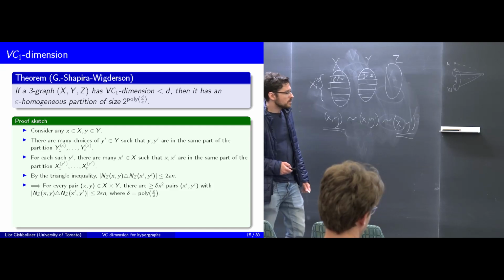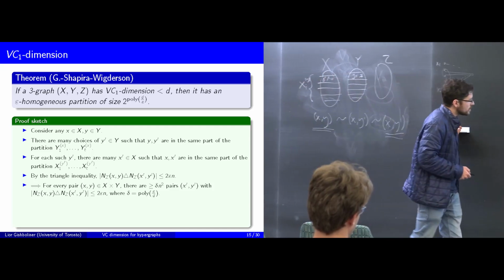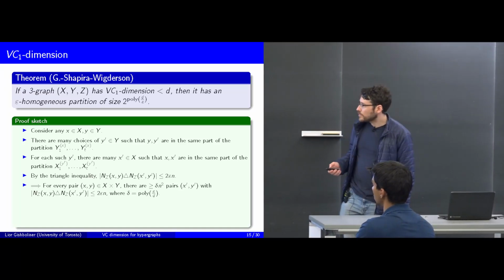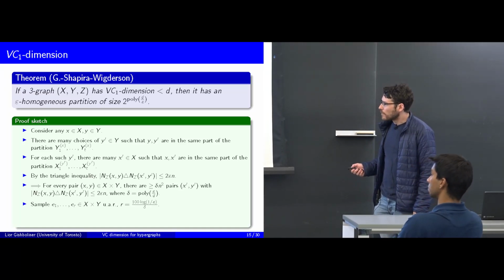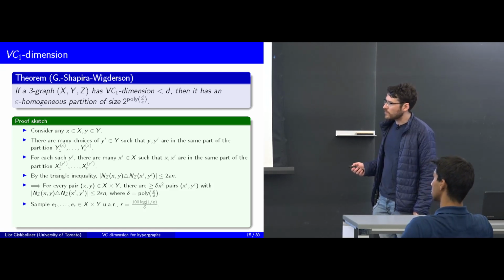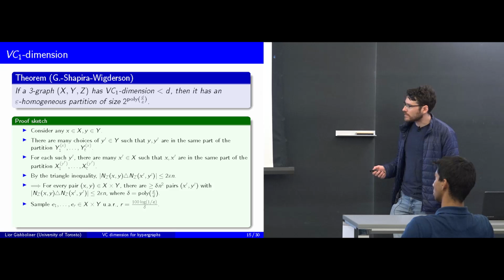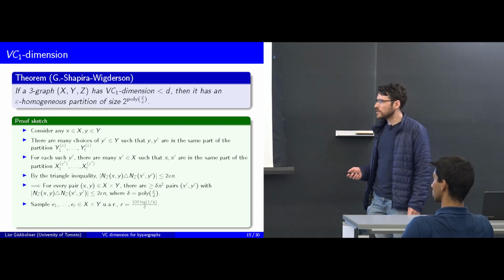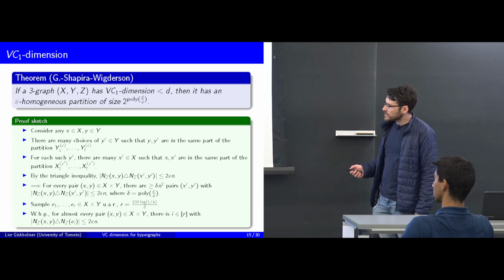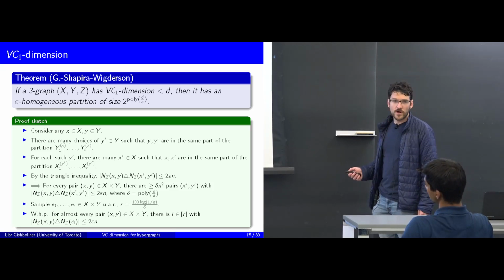Okay. So now I can sample some pairs in x and y uniformly at random, and you need something like 1 over delta of them, maybe times log of 1 over epsilon, but it doesn't matter. What we expect is that almost every pair will be related to one of those E1 up to ER.